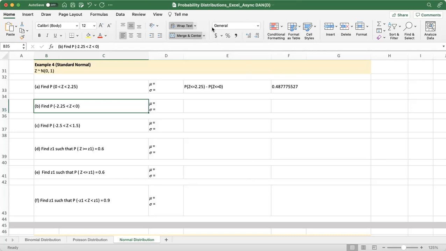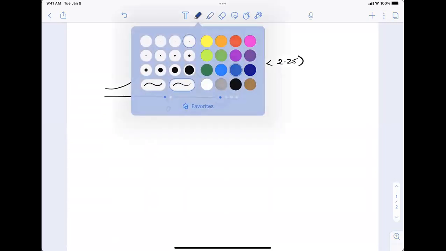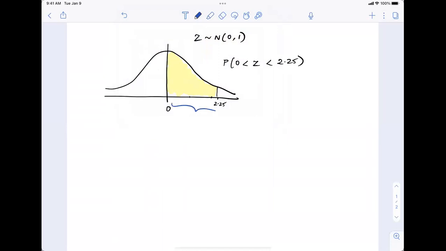Now let me help you visualize why I say the answers have to be the same. Going back to our normal bell curve, we're dealing with the Z distribution, standard normal. We could think of 2.25 as being 2.25 standard deviations to the right of 0, because every Z score essentially measures the distance to the mean in units of standard deviation.